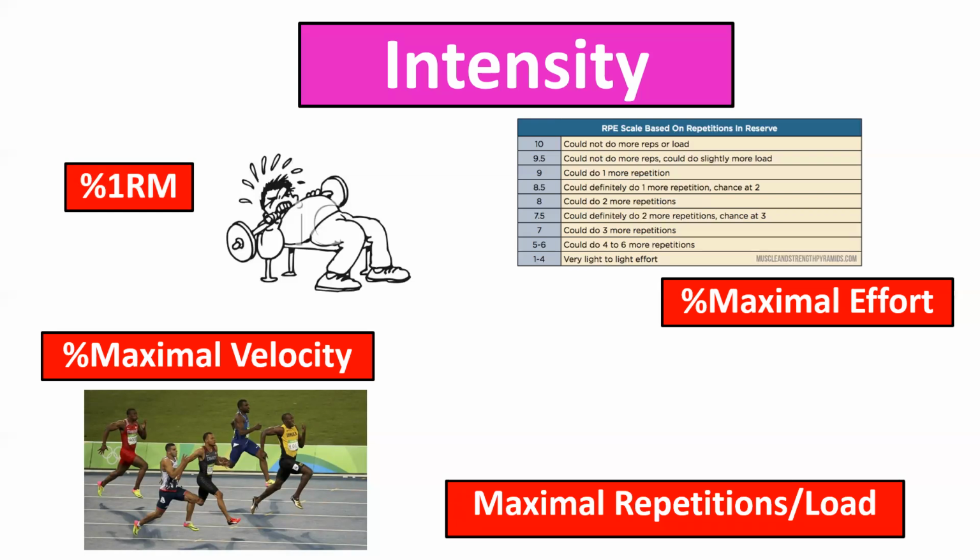Or if we're looking at something like muscular endurance, we can look at maximal repetitions per load. This is what we call muscular endurance or strength endurance. It's a little bit of a flip-flop.